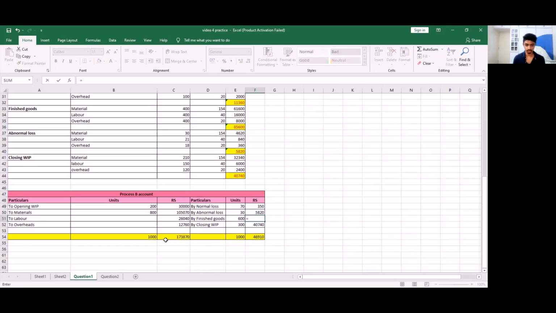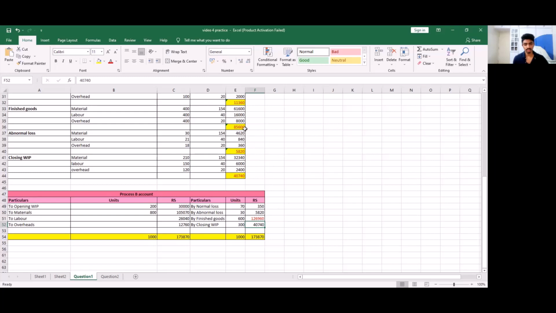So it is equal to 1,73,870 minus 46,910. We get this value of 1,26,960.